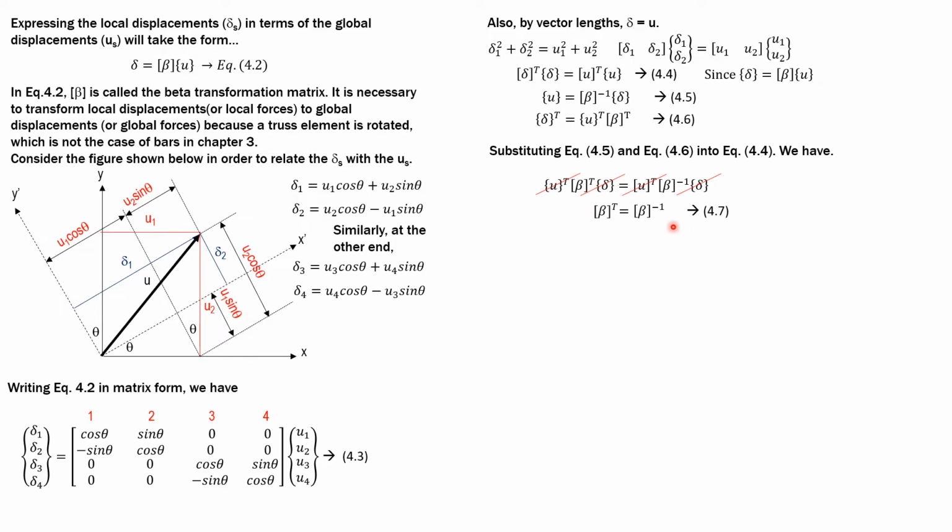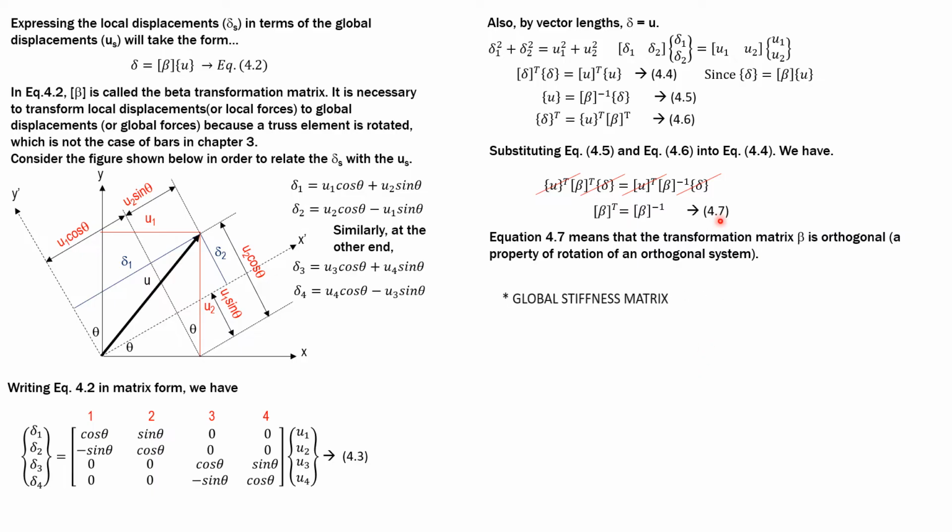If you can remember, this is the property of an orthogonal matrix, which is important for rotational relation or orthogonal rotation of an orthogonal system. So again, the inverse of beta is simply the transpose of beta. That's the result from equation 4.7.